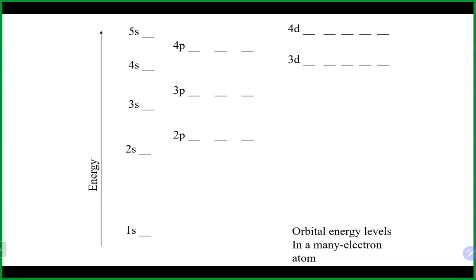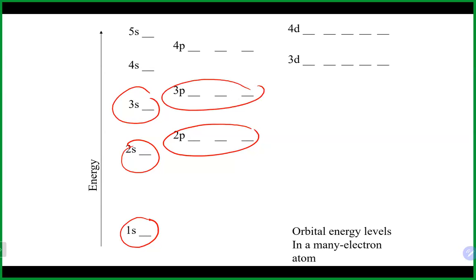That's going to affect the order at which electrons go into the atom. They always go lowest energy first, then the next lowest, then the next, and they keep going until they fill it up. The major difference is after I get to the 3p, the 4s actually comes first, and then we go back to the 3d. So there's a big switch in that, and that follows up here as well.